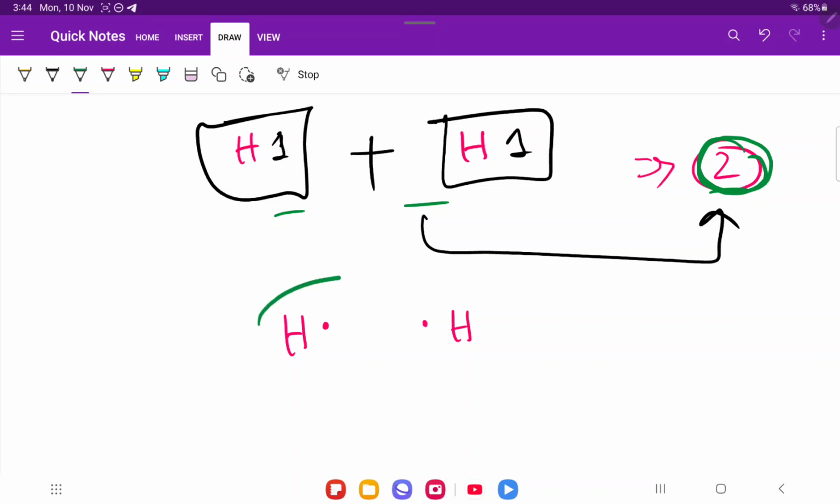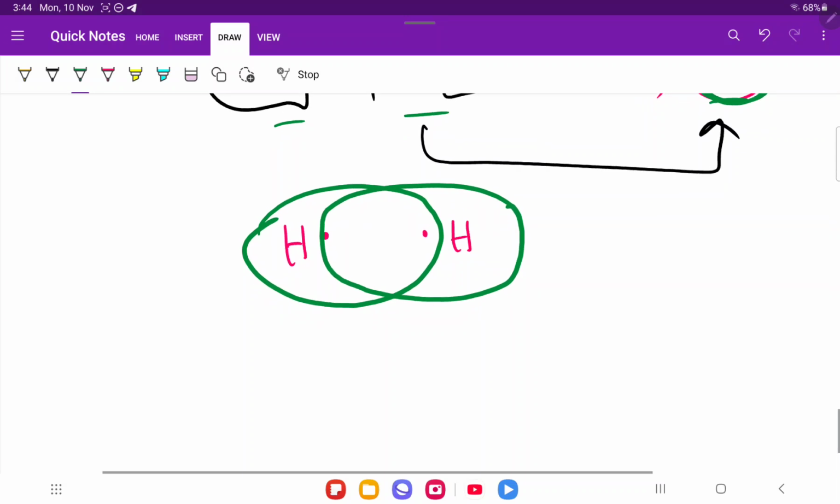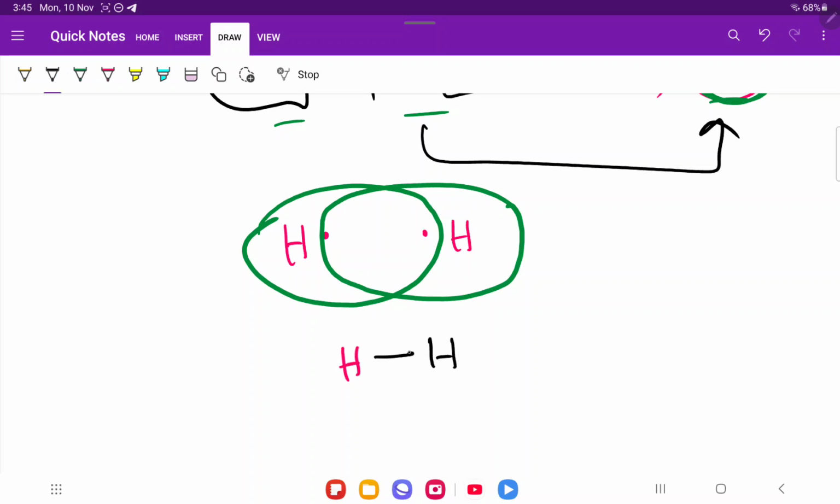Then this hydrogen is now like this, and for the other hydrogen also it is now like this. Now you see all the hydrogens have 2 electrons in total. Then they form a bond like this, and this is called a single covalent bond.